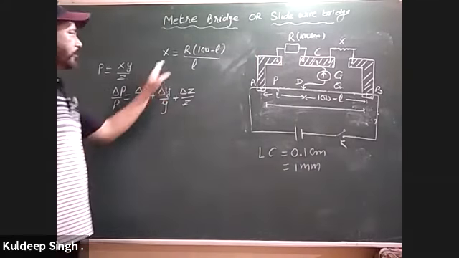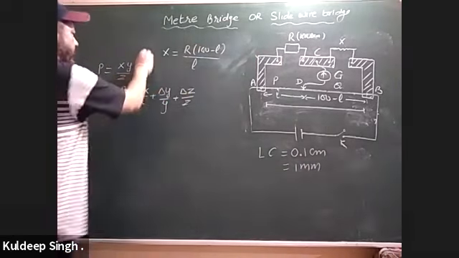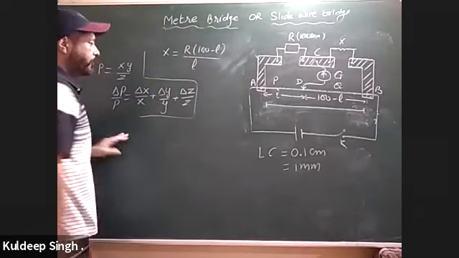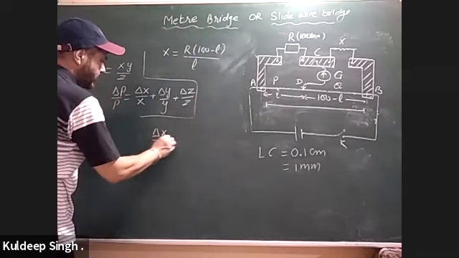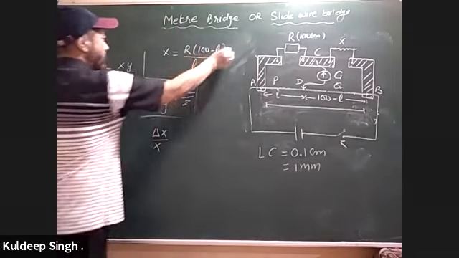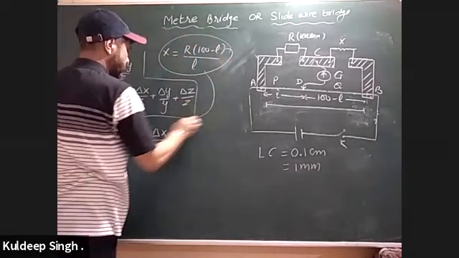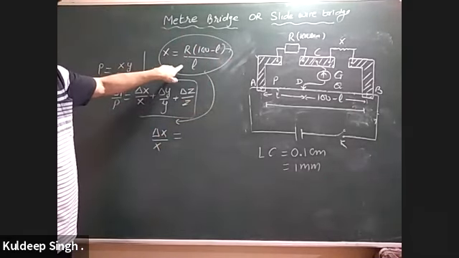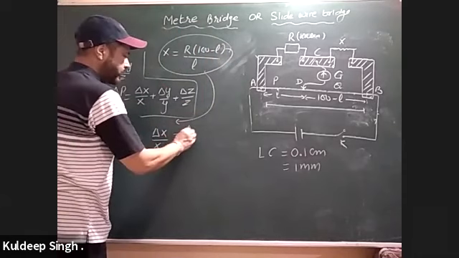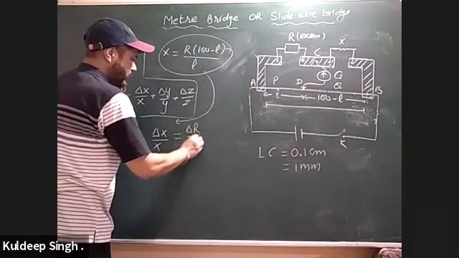Apply the same formula here. अगर मैं यही formula ऊपर apply करूँ, तो I will have delta x by x equal to delta R by R.